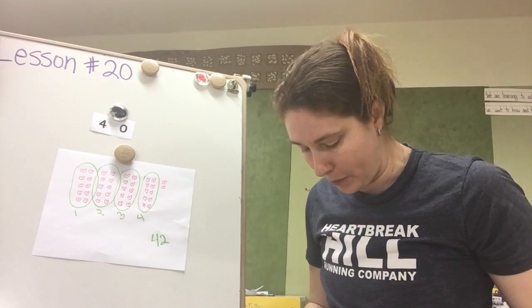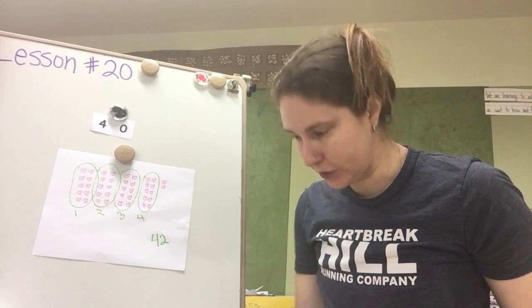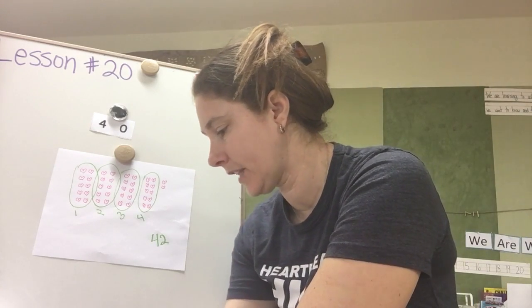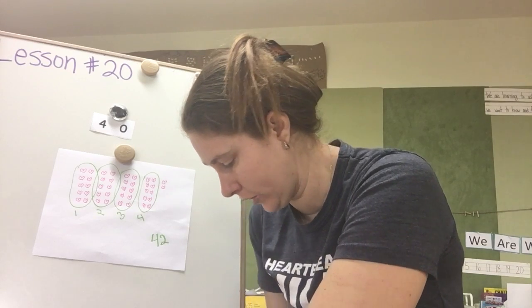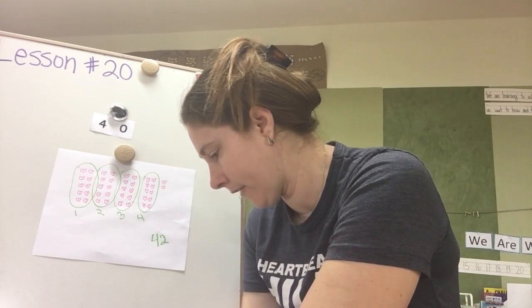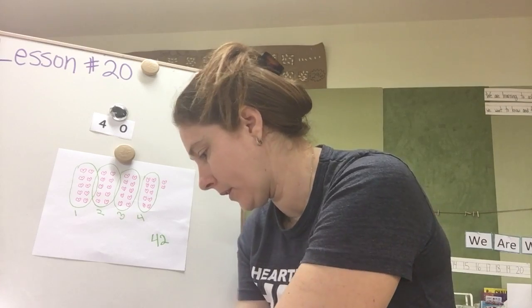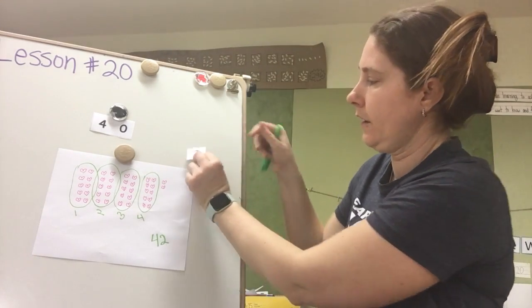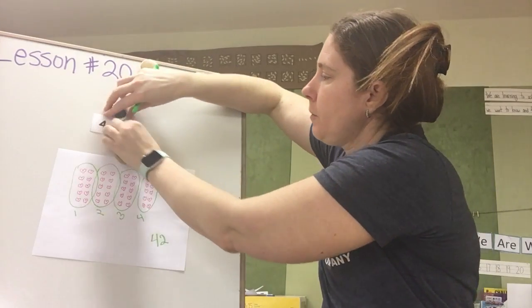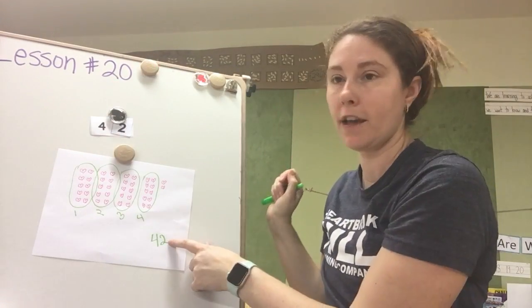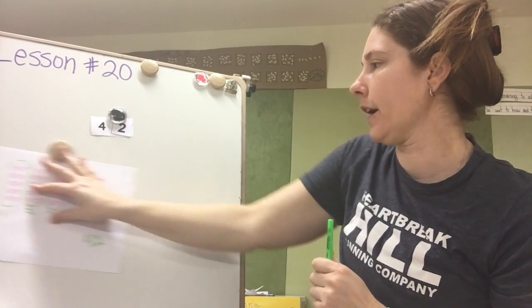And then what would we put over it? We would put a 2 to represent the 2 1s. I'm not sure I have a 2 handy, but if we had 2, we would put the 2, oh, here it is. The 2 represents those 2 leftover ones, and then we'd put it on top of the 0, and we'd make 42. Okay, awesome.